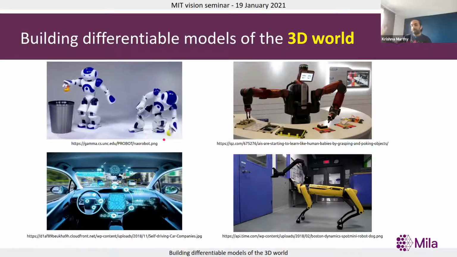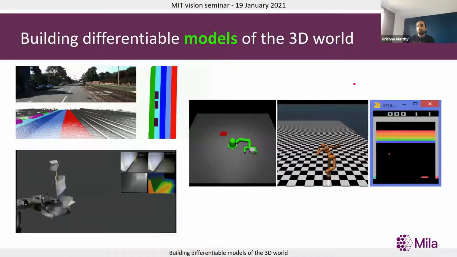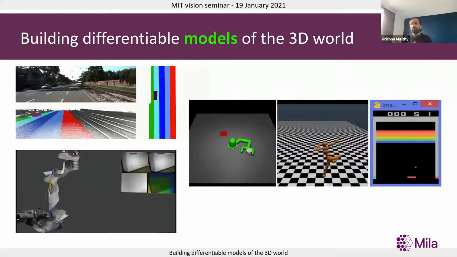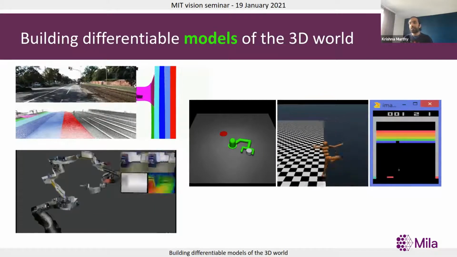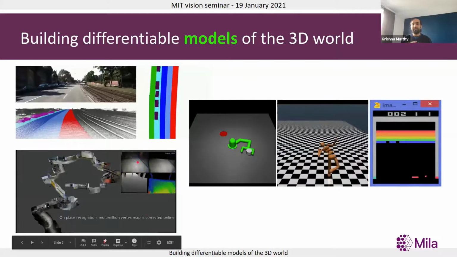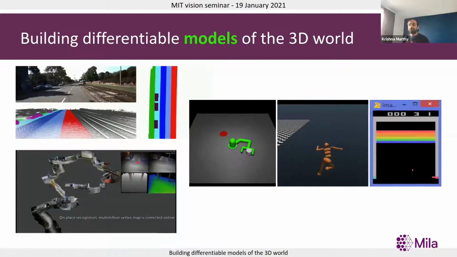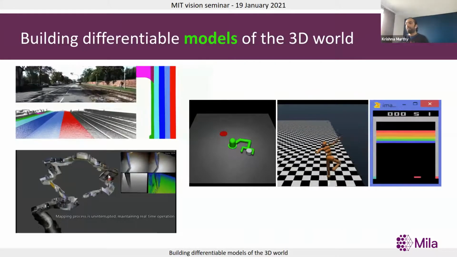I'm particularly interested in applications that involve robots operating in 3D. There's autonomous driving, manipulators, and all of the domestic robots. And typically, there's been a divide in the robotics community as to how to go about executing tasks. On the left, you see the model-based paradigm, roughly, which tries to build high-fidelity representations of the world. And once you have these representations, you can plan and act on them.